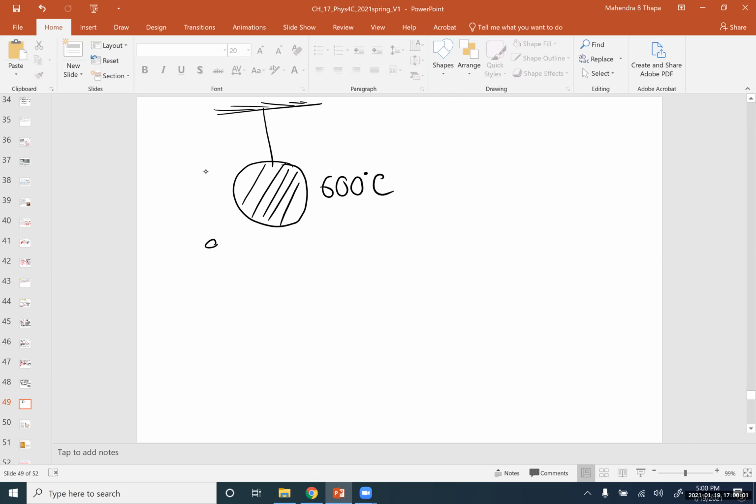After some time its temperature will drop, which means it is losing the heat. Losing the heat means we are talking about the net loss of heat.